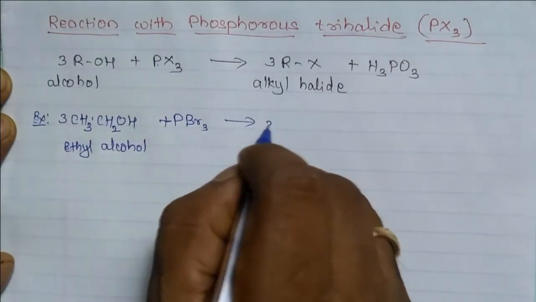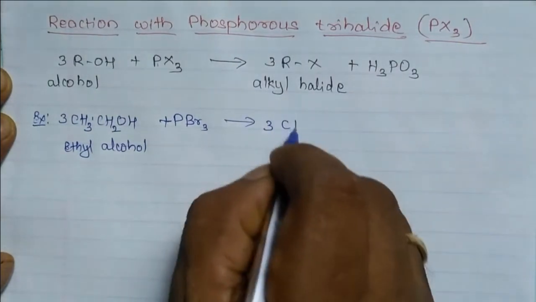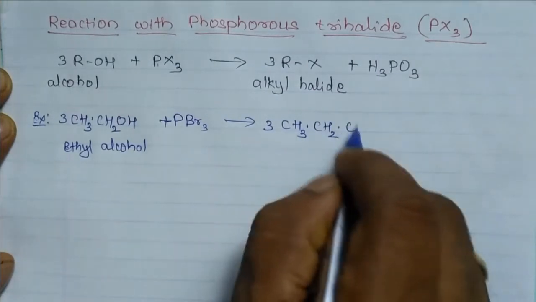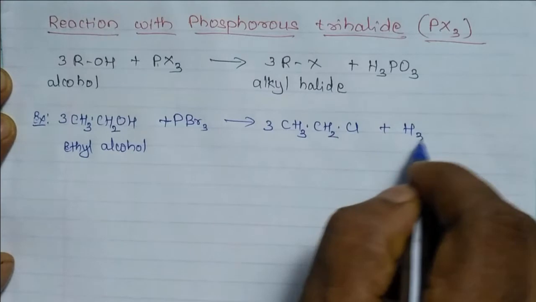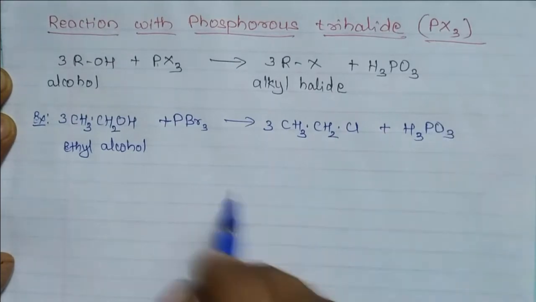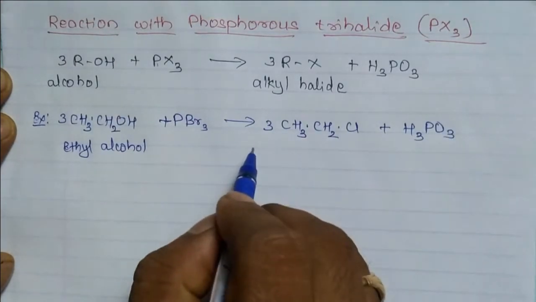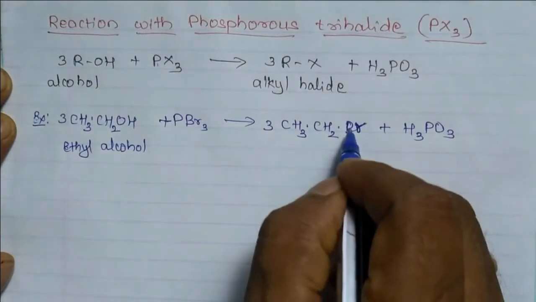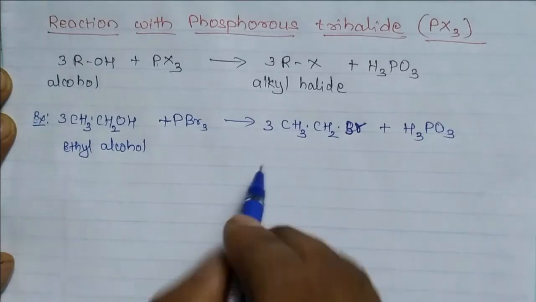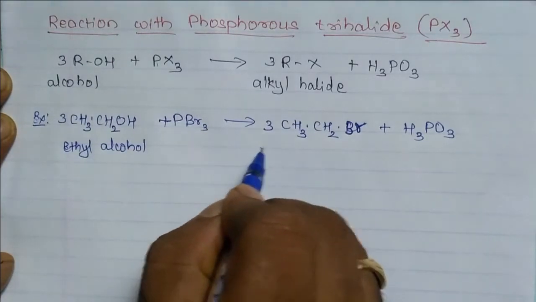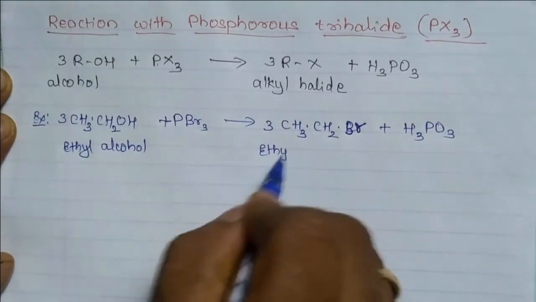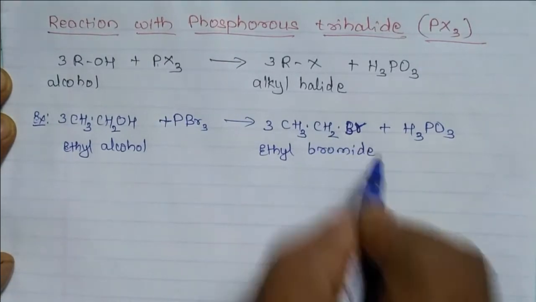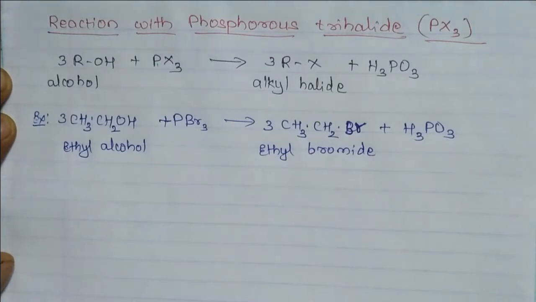You get 3 molecules of CH3CH2Br plus H3PO3. It is not Cl, it is Br. So it is ethyl bromide.